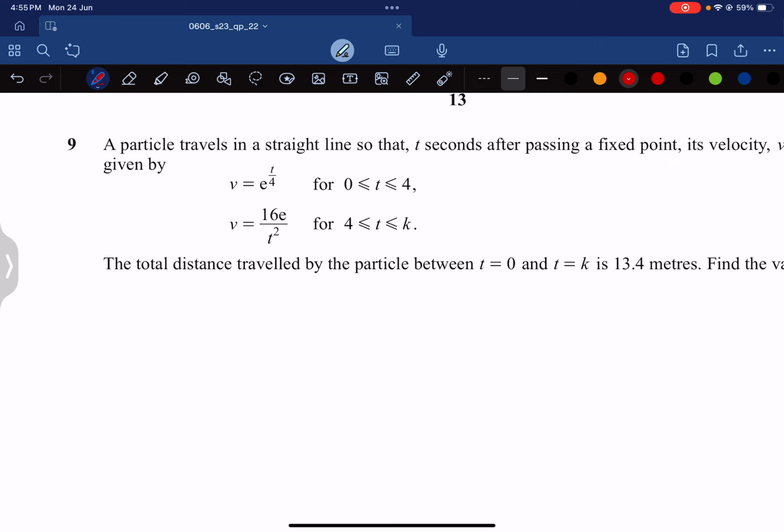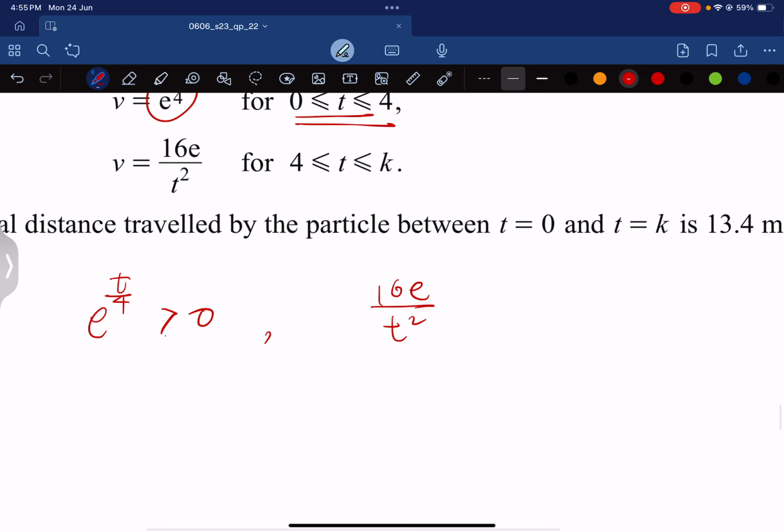Okay, so let's see. This thing, e to the power t over 4, your base is positive no matter what your power is. This is greater than 0, right? More specifically, in this region it is positive. And then 16e over t squared is positive, e is positive, so the top is non-negative, so it's also greater than 0, no matter what your t is.